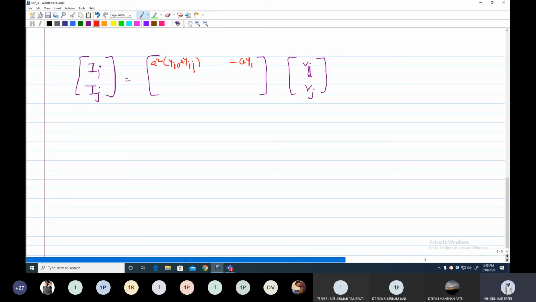You can also verify it by yourself. Same way, a Yij, and what is the value of Y22? Yj0 plus Yij. Very good.